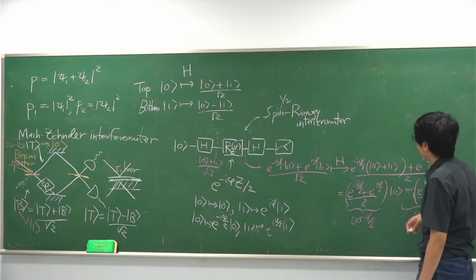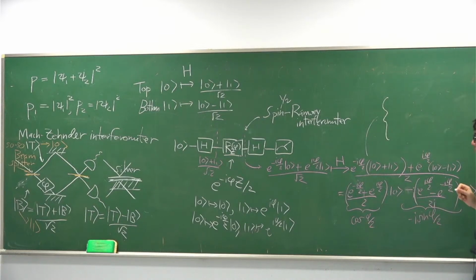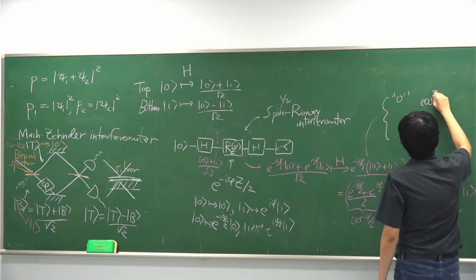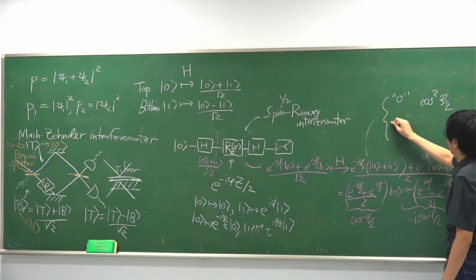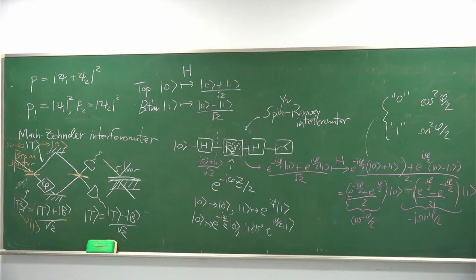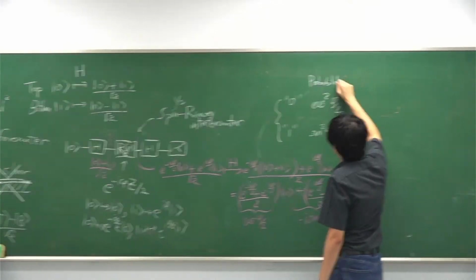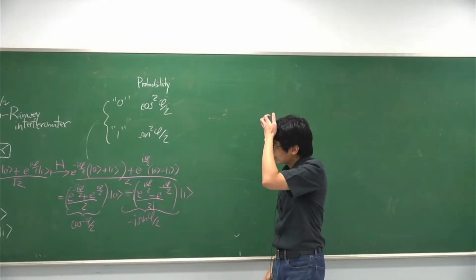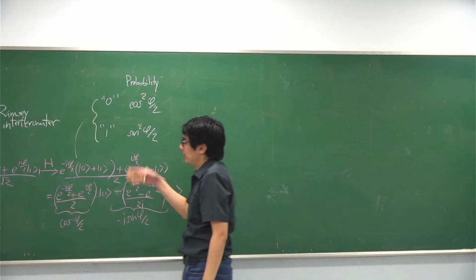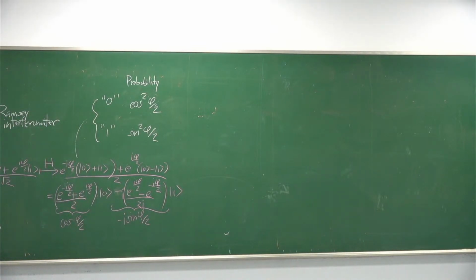And so we get the result that at the final measurement I will get the outcome 0 with this probability, and the outcome 1 with this probability. And so this is how, in this setup, you can see the effect of interference.